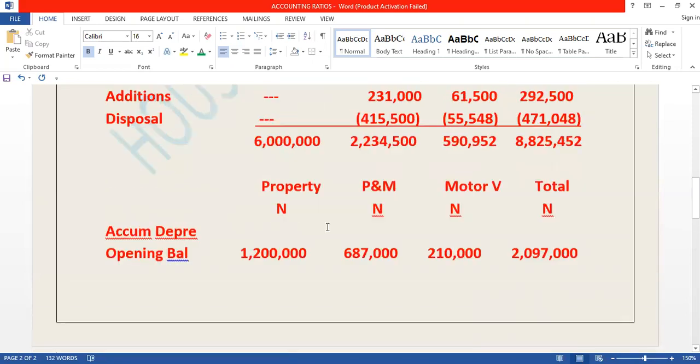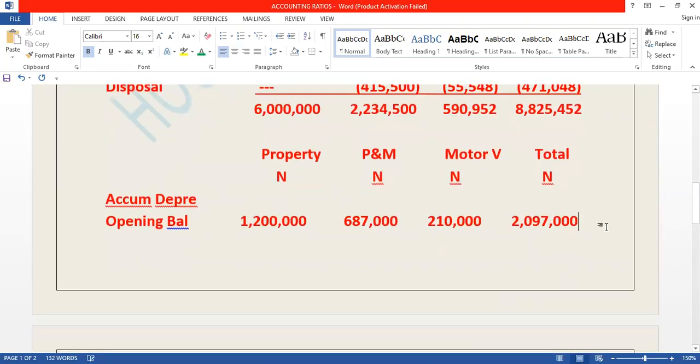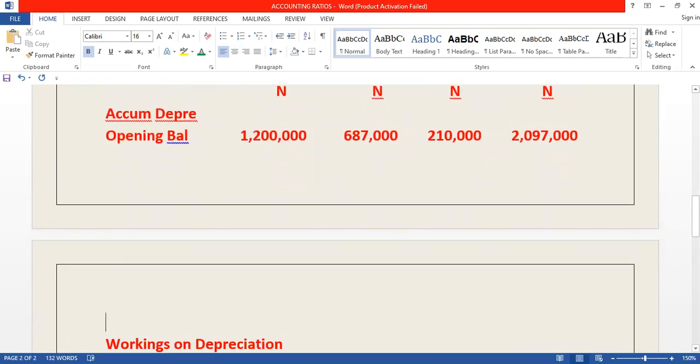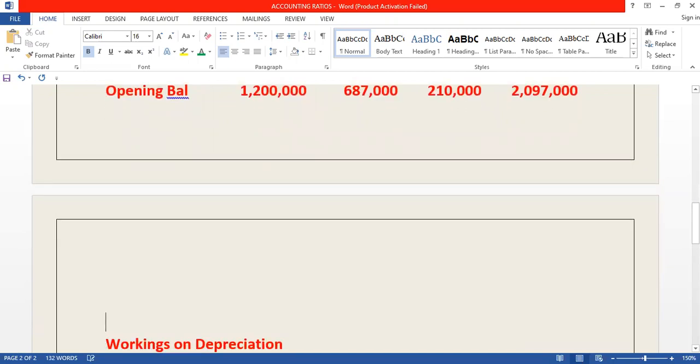So we are going to come back here and call this depreciation charge for the year. You've not put the disposal.